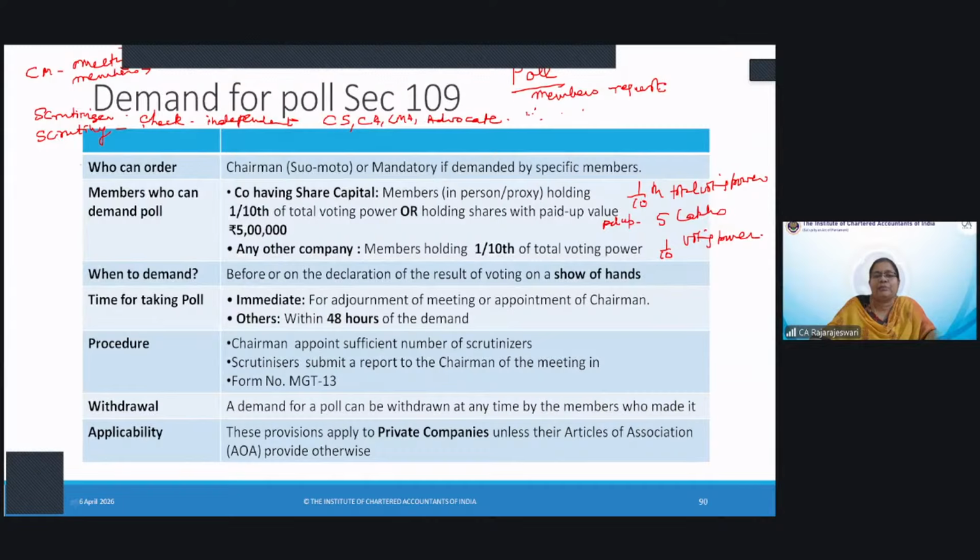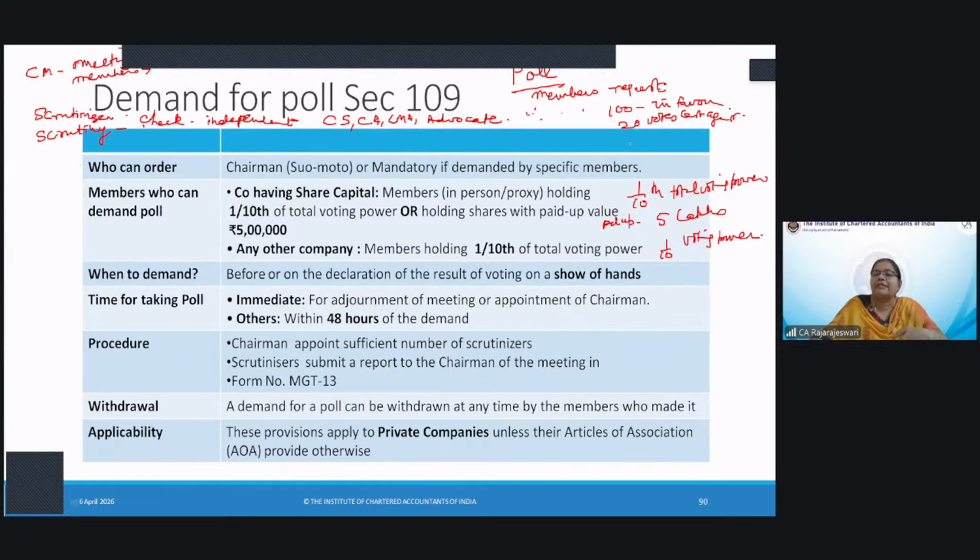His duty is only to see that this is counted: he has voted in favor, he has voted against. You have to total the votes cast. Suppose there are 100 votes cast in favor and 20 votes cast against.